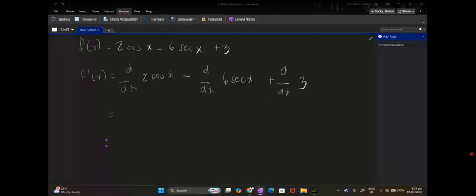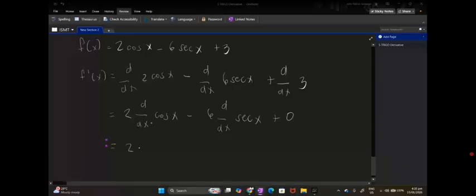So, magiging 2 times the derivative of cos x minus 6 times the derivative of secant x plus derivative ng 3, or the derivative of a constant is 0. So, 2 times, ano derivative ng cosine natin?